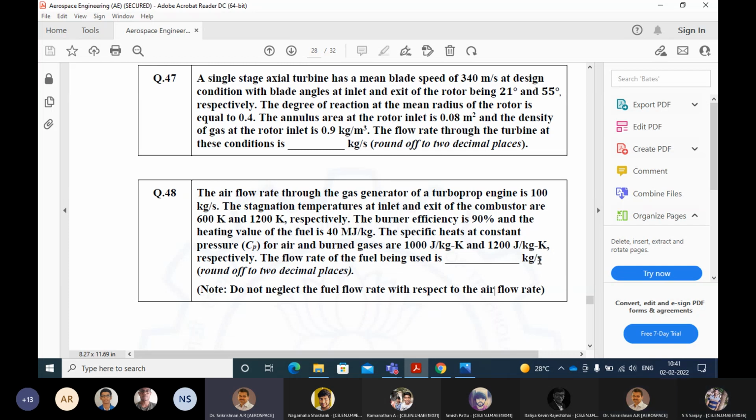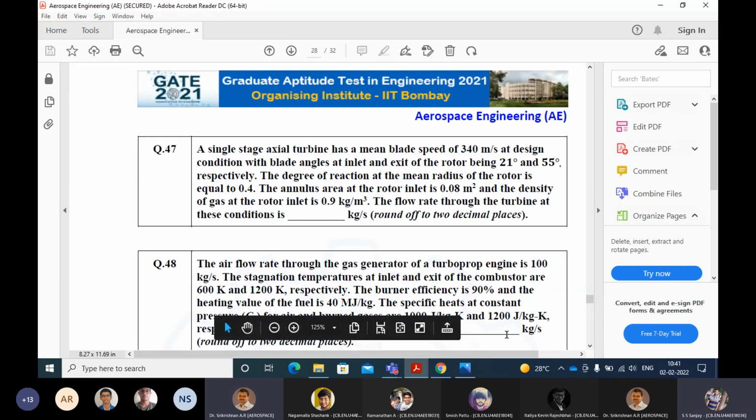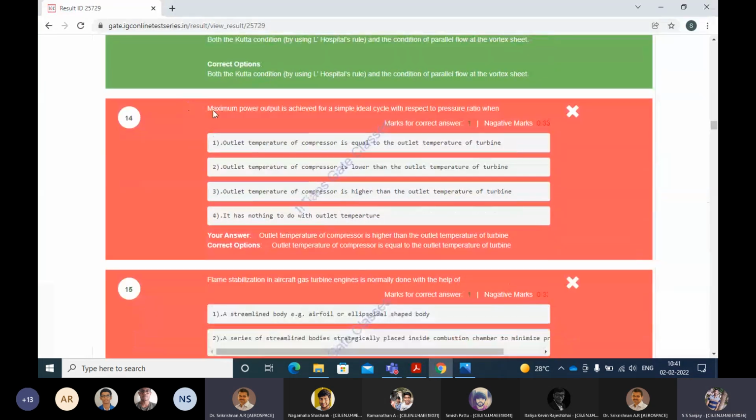Another doubt I had was question number 14. Can you see this? They're asking for maximum power output achieved for a simple ideal cycle with respect to pressure ratio, and I don't understand how they say the outlet temperature of the compressor is equal to the outlet temperature of the turbine. Can they be related? One second, I'm not able to read it correctly. Can you enlarge the display?